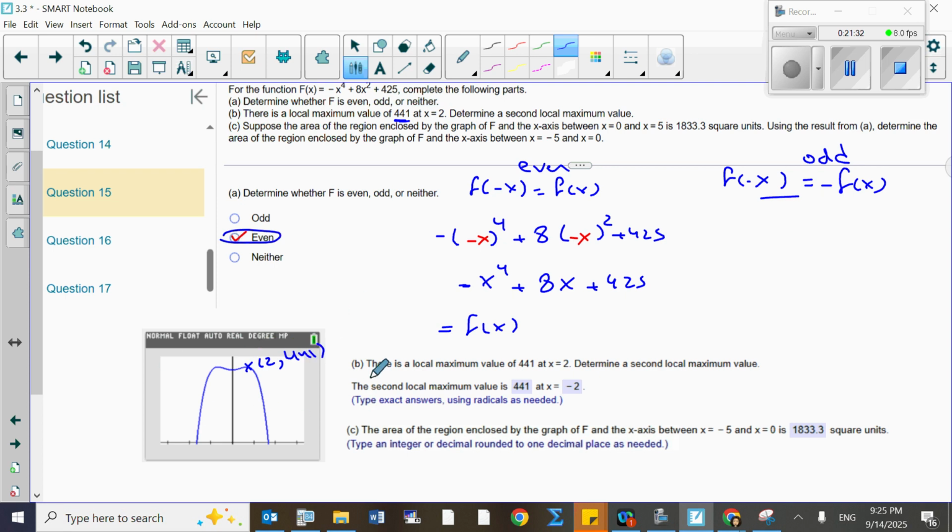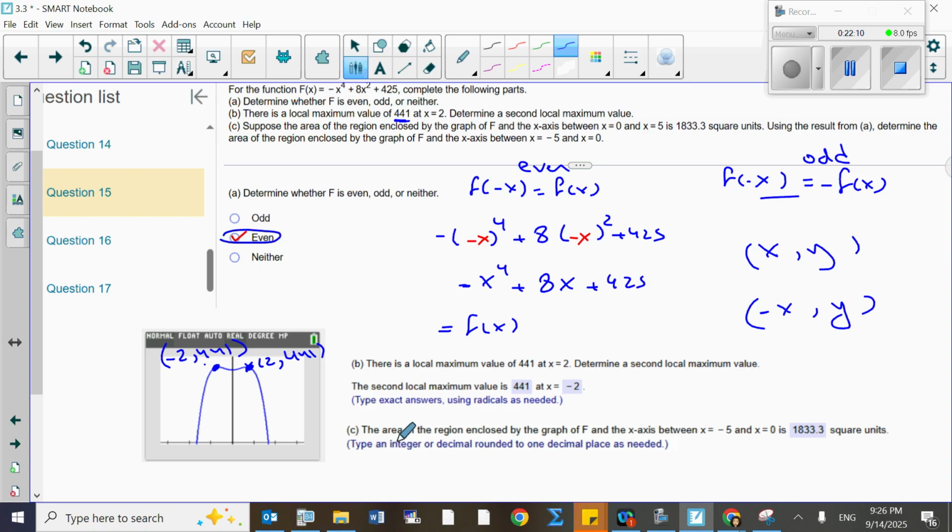Since I know this is an even function and it's symmetric to the y-axis, the other one will be here. And I know that if you have an even function and you have x and y on the function, you will have negative x and y as well. So that's how I know this is symmetric to this point. So the other one will have a negative 2 value. So the other local maximum will be, again, 441. They have the same y value, but the x is opposite.